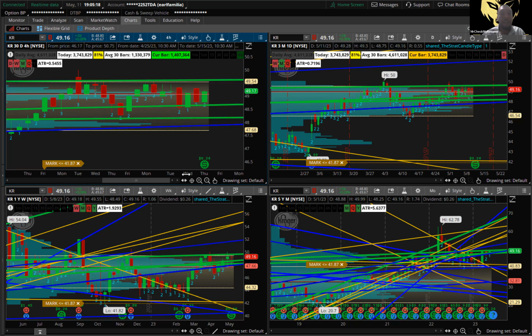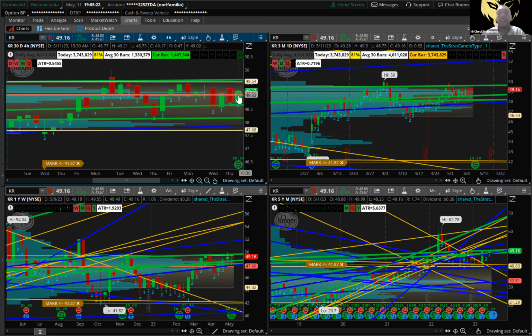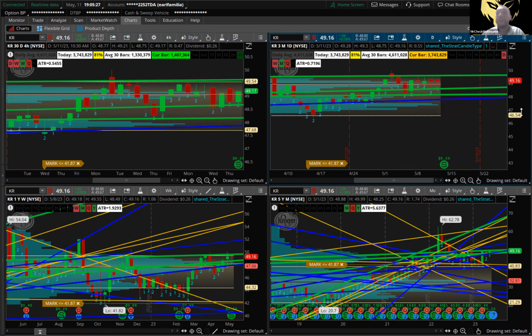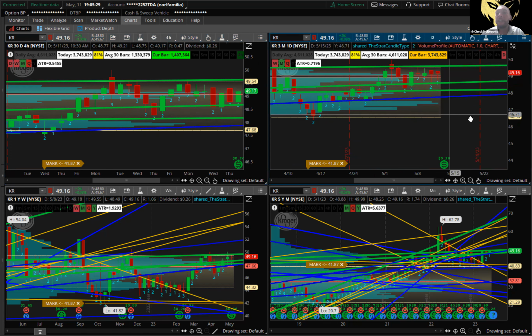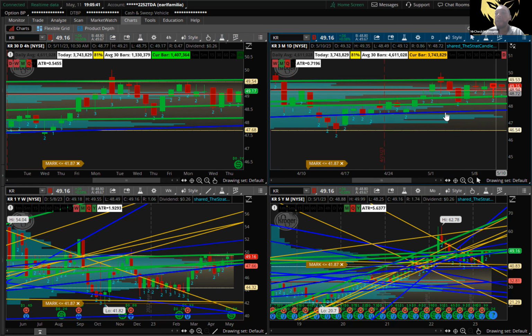Let's see here. All right, Kroger, 2 down on the 4-hour. Looking at 49.21 as an entry on the 4. We got the inside day close on Kroger. It's been consolidating for a few days up under this, in between these quarterly broadening formations. So we are looking for inside on the week, inside on the month, and we're not far from breaking the month.